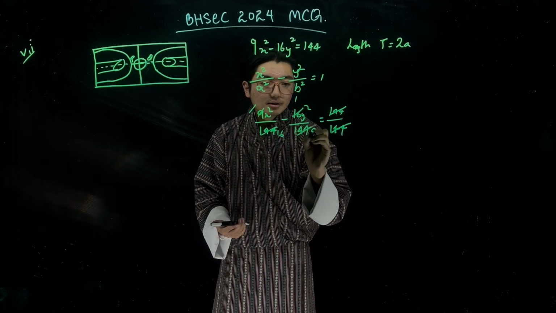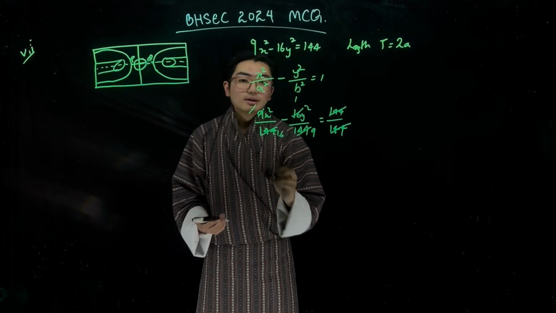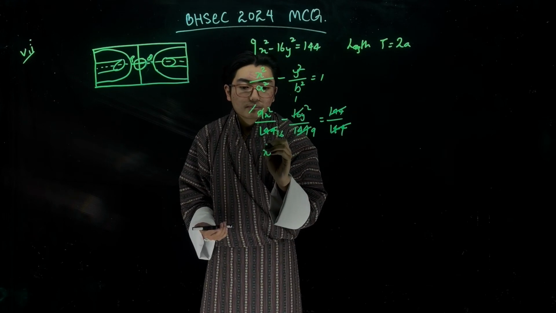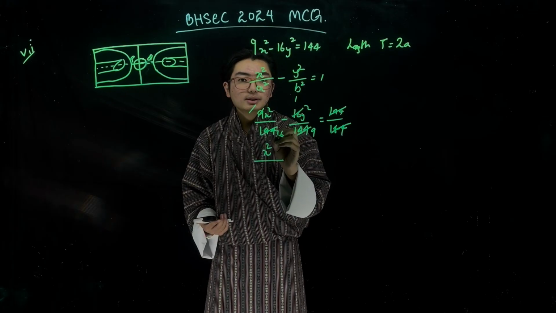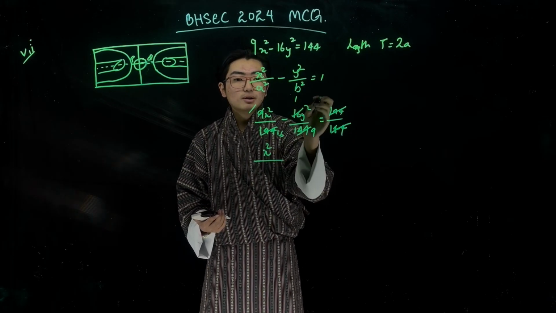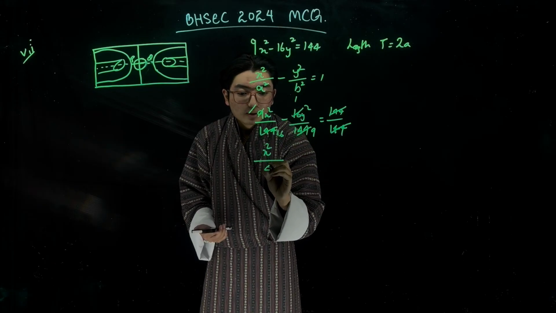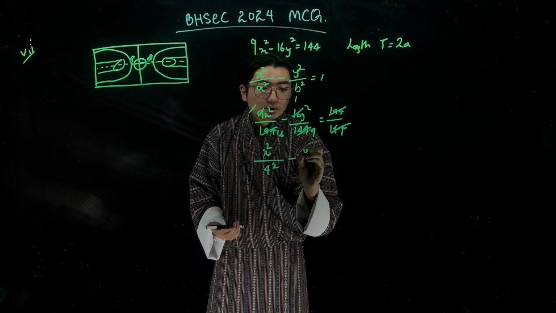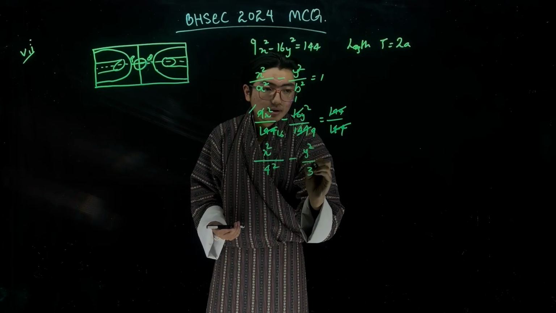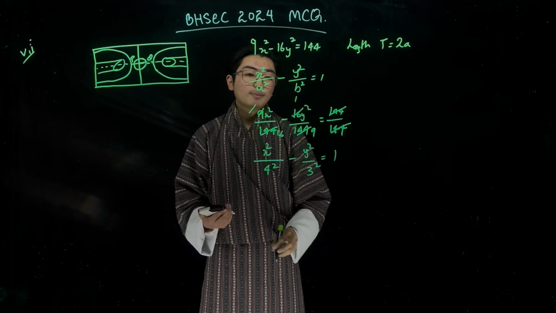16, 9, and we get the equation x squared over, and since we're trying to make this similar to the formula, we write it in the form of squares, so 4 squared, and y squared over 3 squared equals 1.